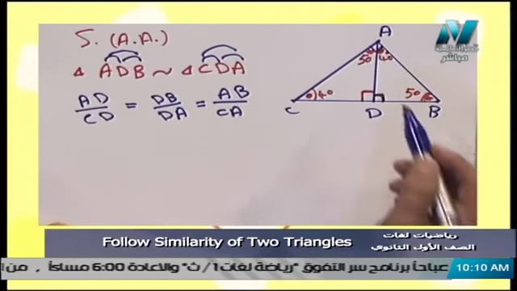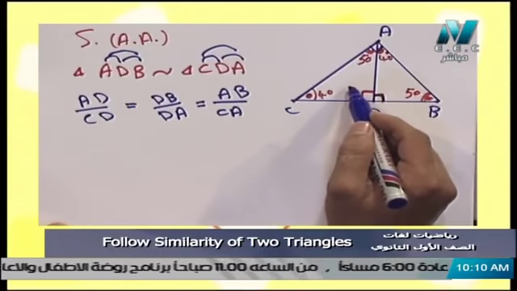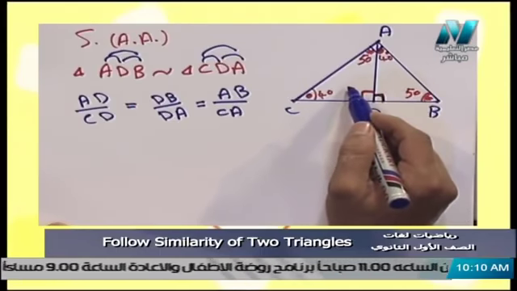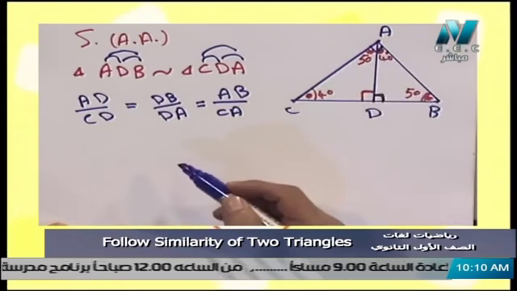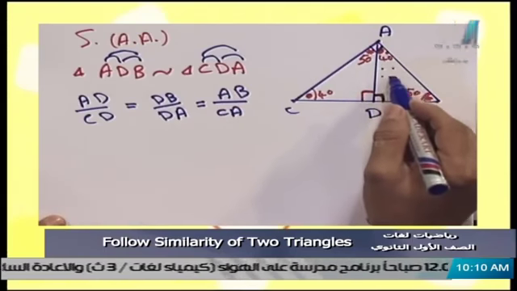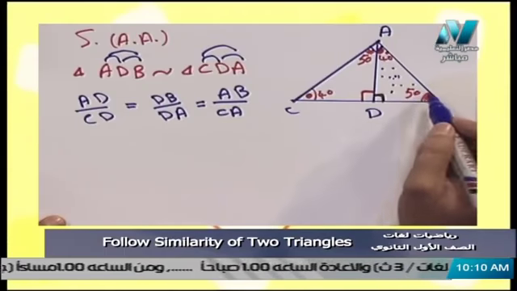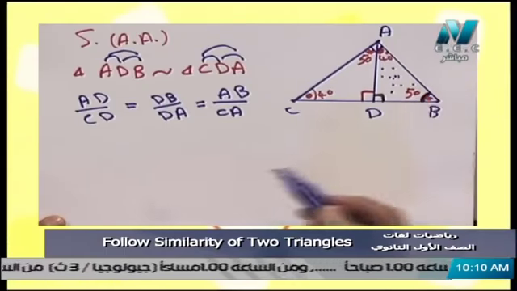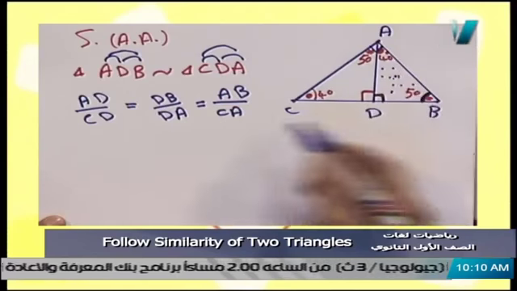Also, each of these two triangles will be similar to the big triangle, the whole triangle ABC. Why? If we concentrate on triangle ADB, angle B is common between triangle ABD and triangle ABC, of course.